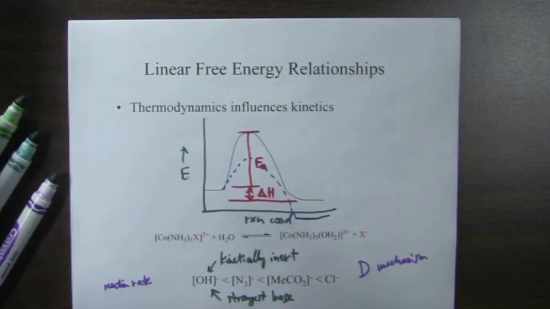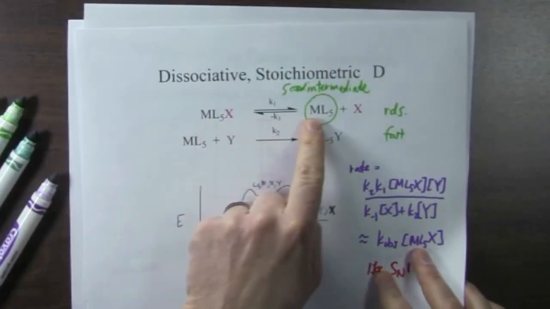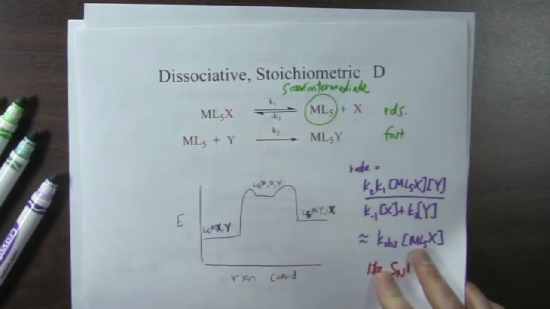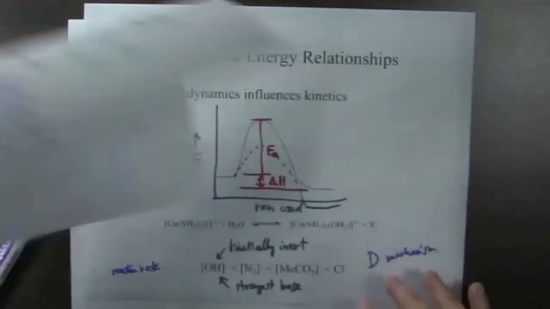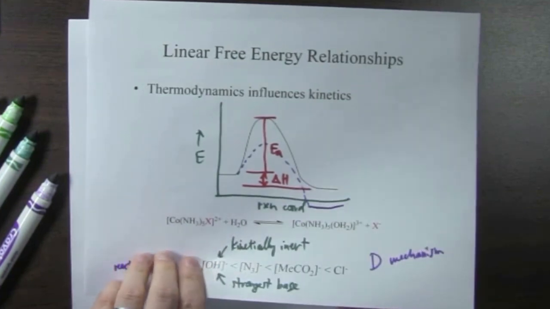That is indeed what happens here. We have to break this bond first before we can proceed with the reaction. That is the dissociative mechanism, and that's what this data then suggests for this complex.